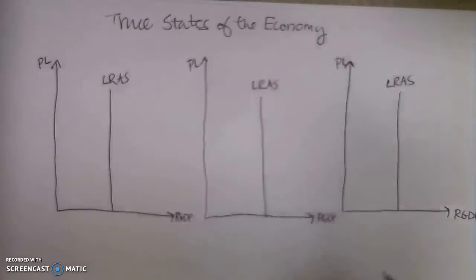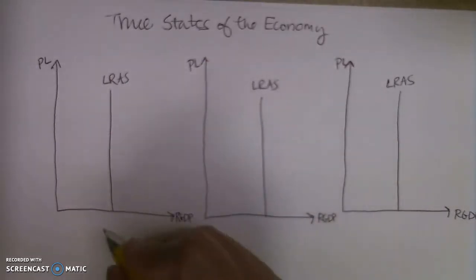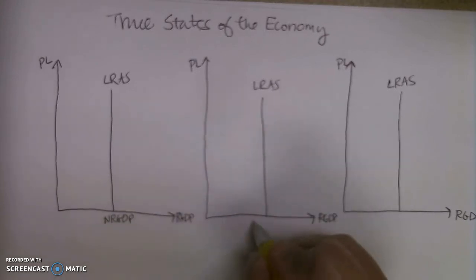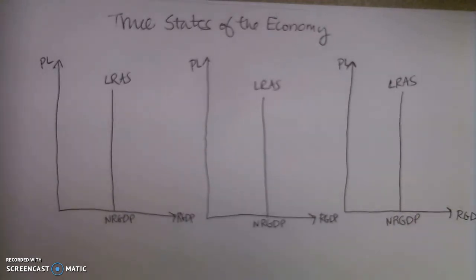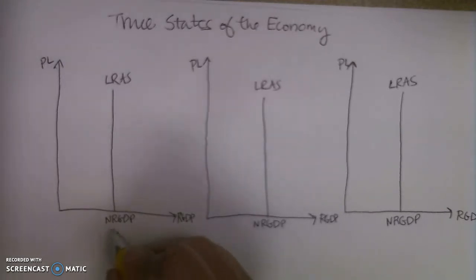At the long run aggregate supply curve, we are using all of our resources, so we produce something called the natural real GDP. If we're using all of our resources, that includes labor, so the only kind of unemployment that we would have is natural unemployment.